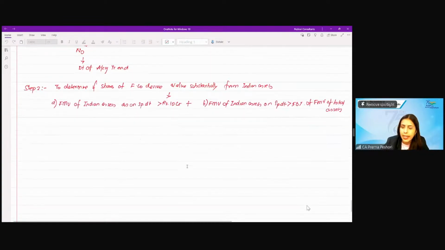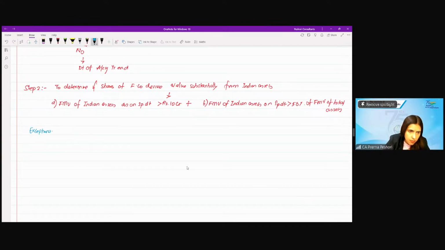So just write down the exceptions. Investor holding the shares, or you can write the non-resident investor holding the shares of foreign portfolio investor.